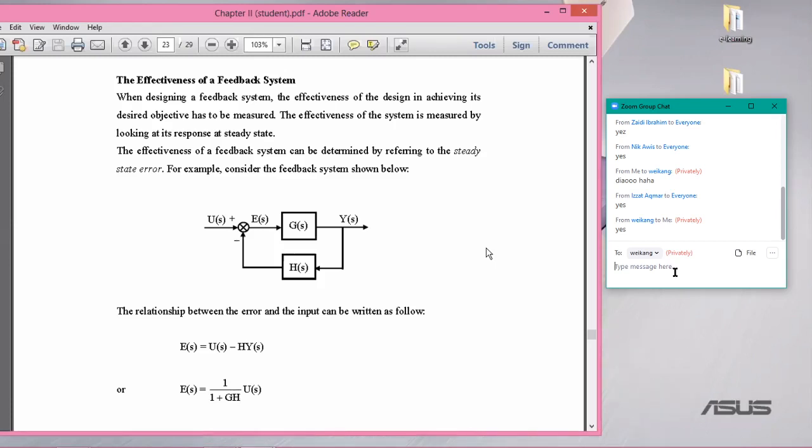Our test 1 is scheduled on November 21st, this Saturday. If there is no further information, we need to assume that that is the official date for our first test. Okay, so 21st of November.